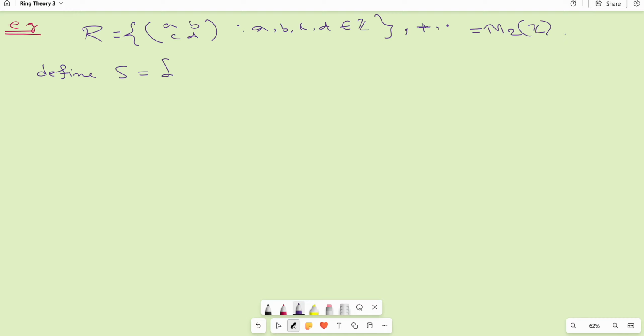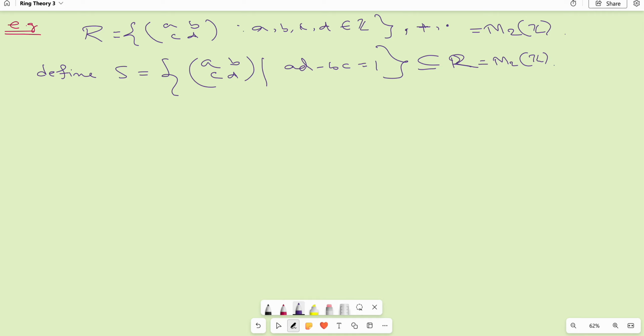Define a set S. Suppose S is the set of matrices A B C D such that the determinant, that means AD minus BC, equals 1. Clearly this is a subset of R, which is actually M2 over Z. It is contained in here, right?